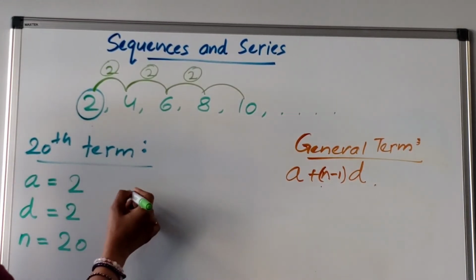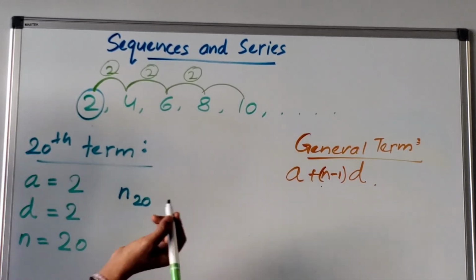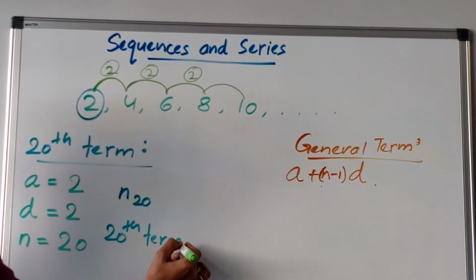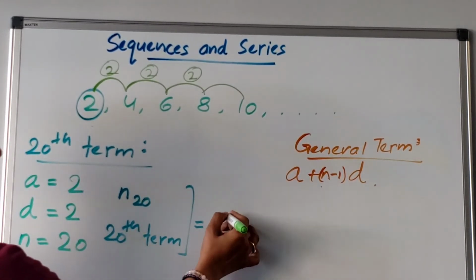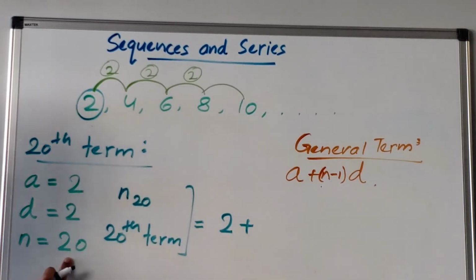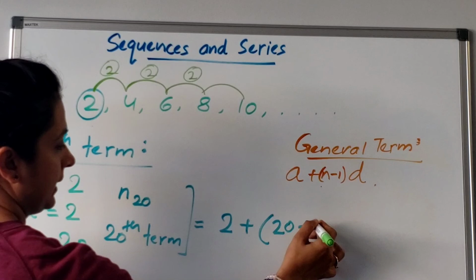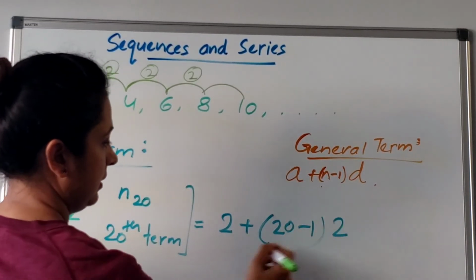I say N20, or you can simply say 20th term equals the first term plus the 20th term minus 1, that's 20 minus 1, times the common difference.